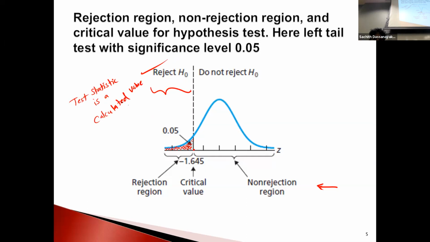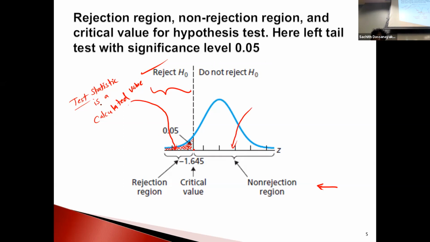So if your test statistic value is somewhere here, what you should do is simply reject H0. For now just understand that. Try to understand what we are doing. If your test statistic value is within this region or this interval, you simply reject H0. Otherwise, let's say it is somewhere here, you do not reject H0. That's how we take the decision.